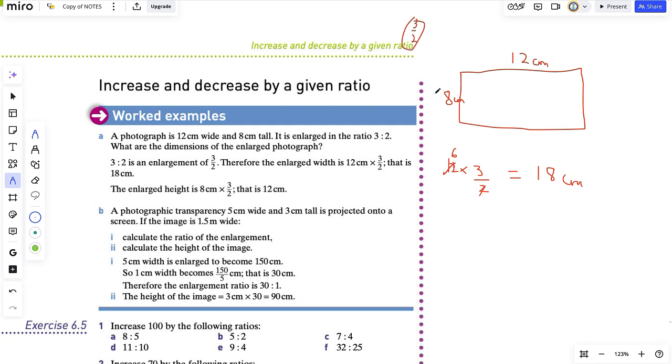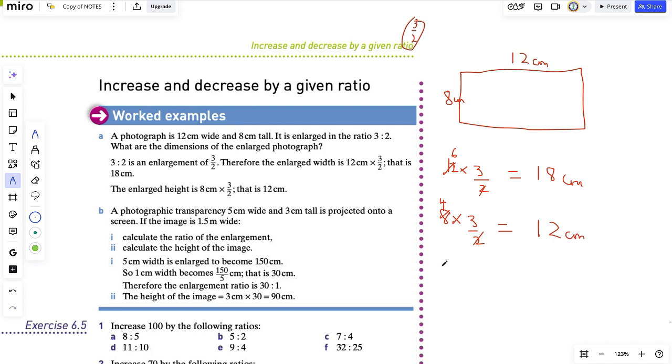The width is 8, so you say 8 times 3 over 2. 2 into 8, 4. 4 times 3, you get 12. So this side is 12 centimeters.